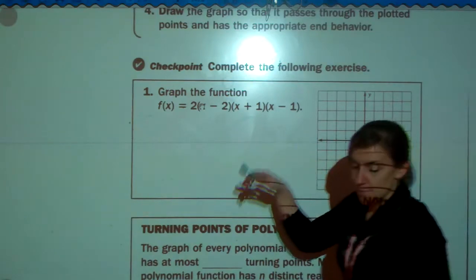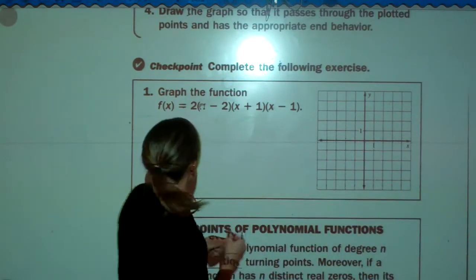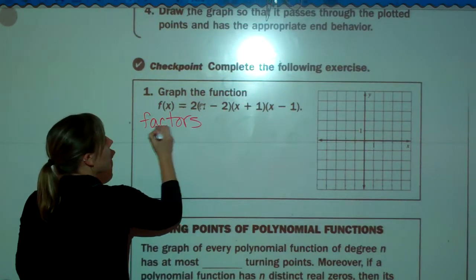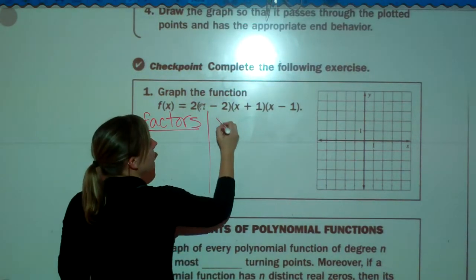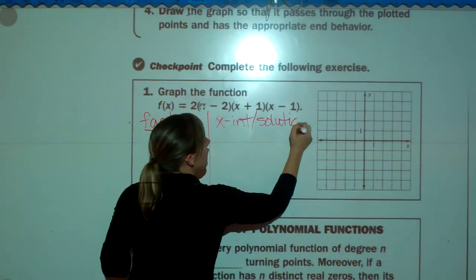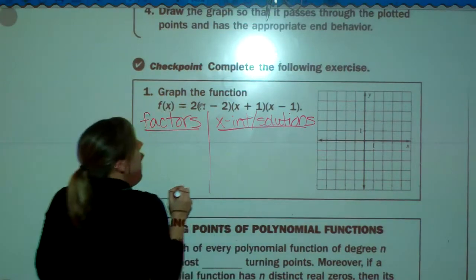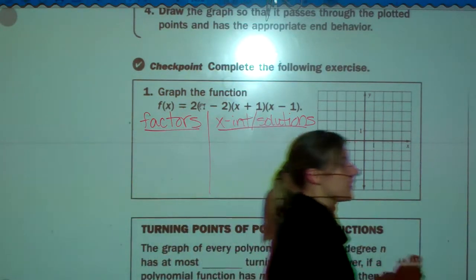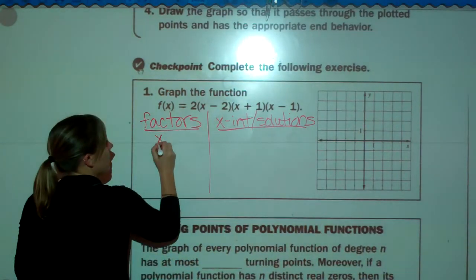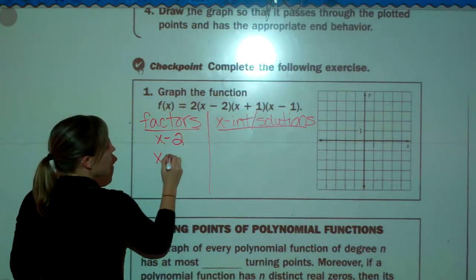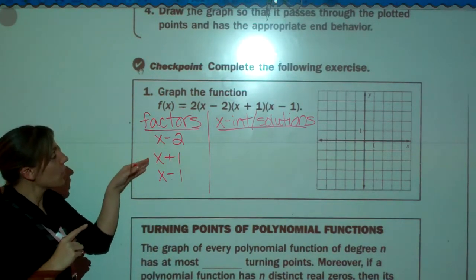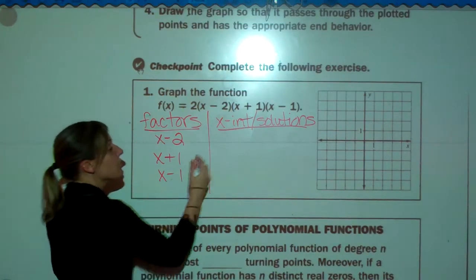Okay? Again, let's make the table. And we have the factors on one side. So that will give us the x-intercepts, or the solutions, on the other side. Okay, so if the factors are x minus 2, x plus 1, and x minus 1, if those are our factors, then the solutions are the opposite.